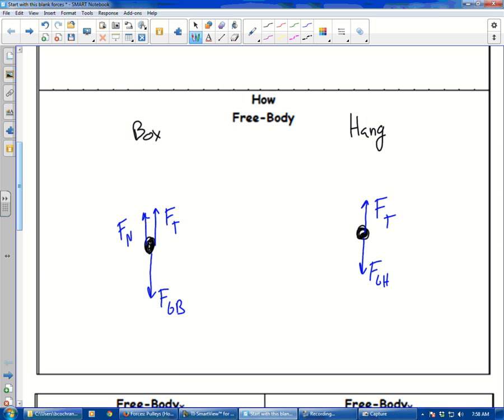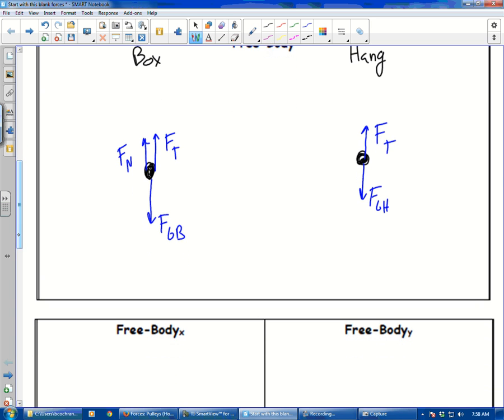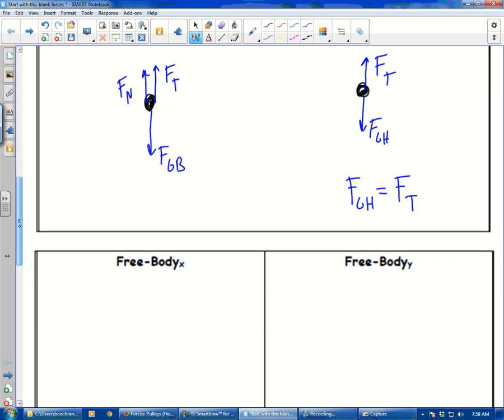So, in all the cases, the weight of the hanging mass is going to equal the tension, right? Hopefully you see that. If not, I can elaborate.